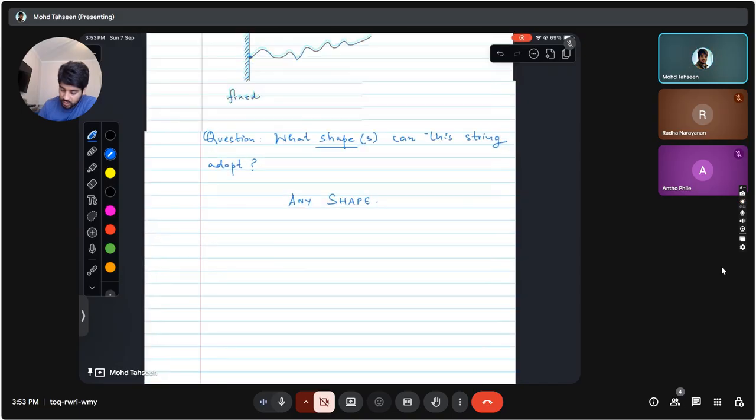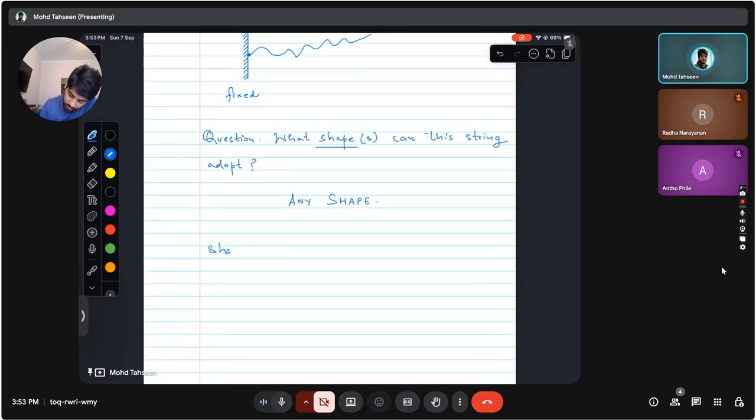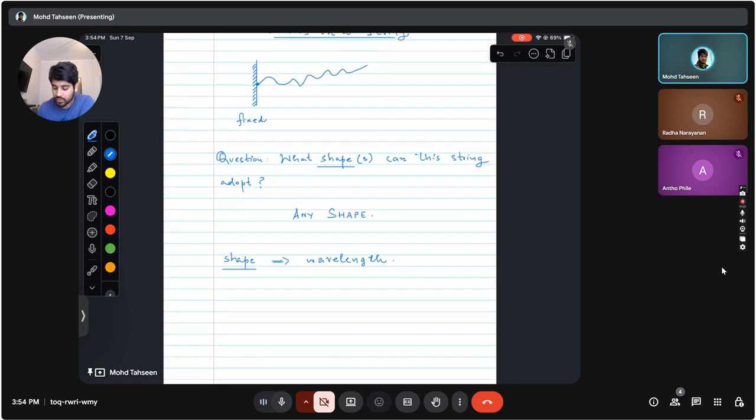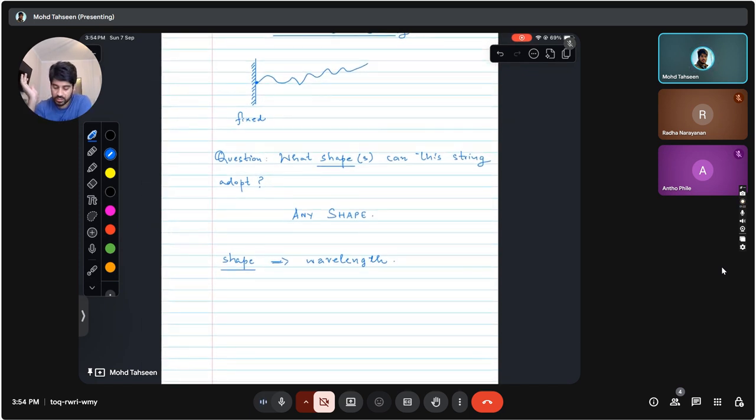Now this word shape that we have used here, by this shape I mean wavelength. Because whatever the shape of the string is, that shape can be decomposed into sines and cosines, and every sine and cosine function will have some wavelength. It's that wavelength we are talking about, and this wavelength gives a certain shape to the string.